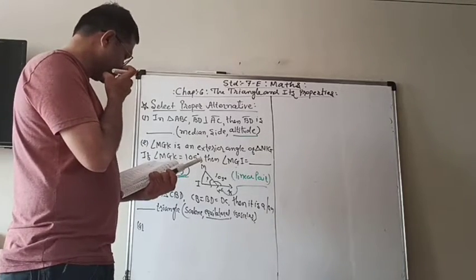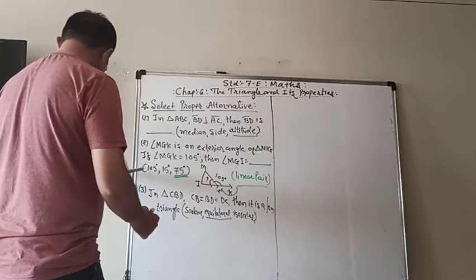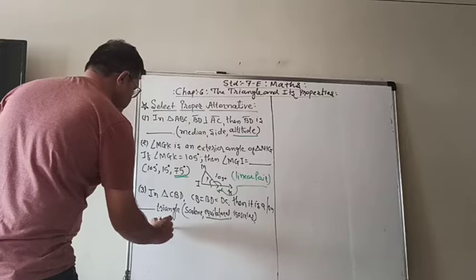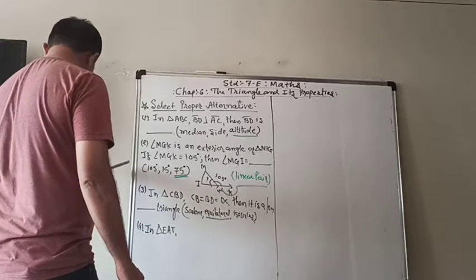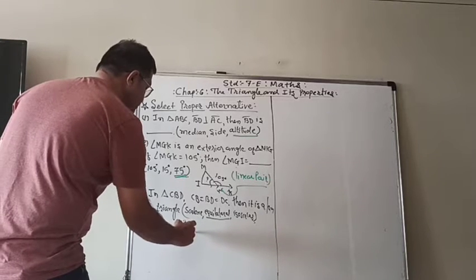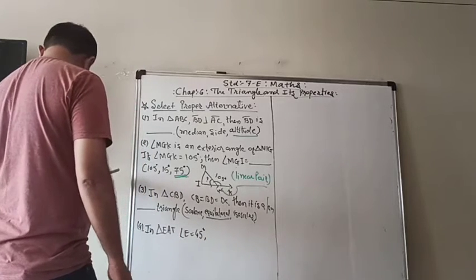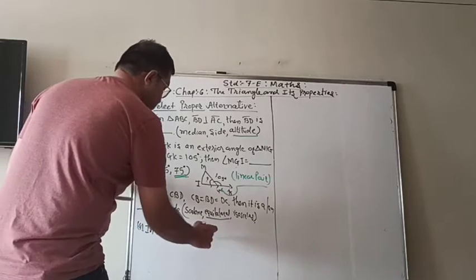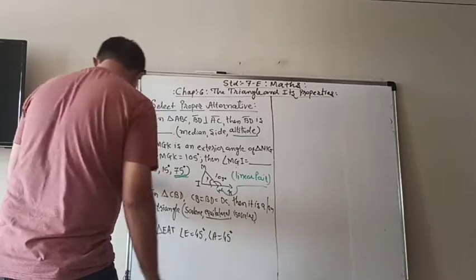Fourth one. In triangle EAT, angle E equals 45 degree. And angle A is also 45 degree.